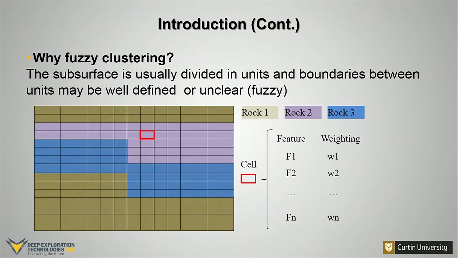In this figure, we can see a schematic of how we put the cells of the geophysical model into rock units. We have a cell with many features, and each feature has a different contribution to the way we put the cell in a cluster. It depends on the uncertainty of the feature and on the purpose of the clustering.